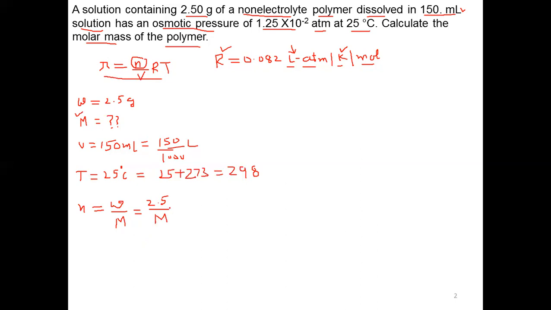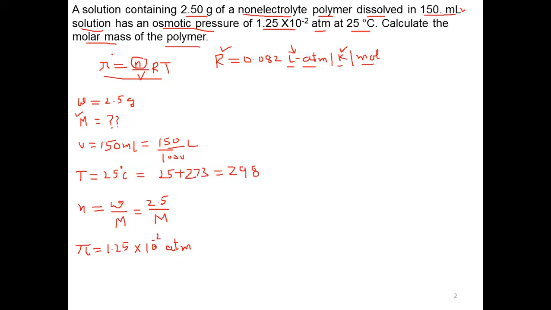Now by simply putting these values in this formula, pi is 1.25 into 10 raised to power minus 2 atmosphere. The value of R also has unit in atmosphere, so no need to change.